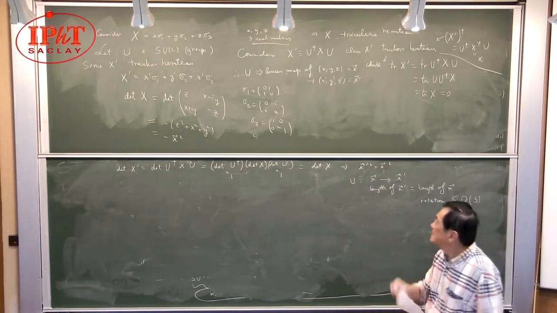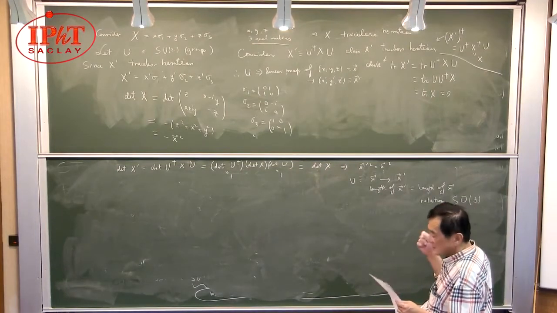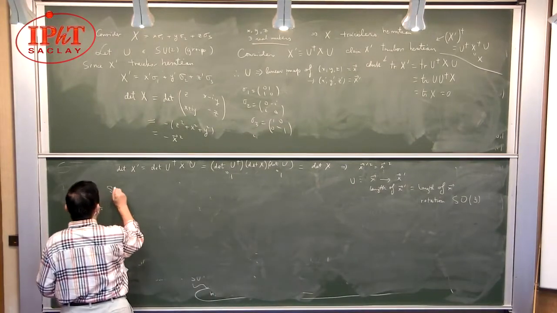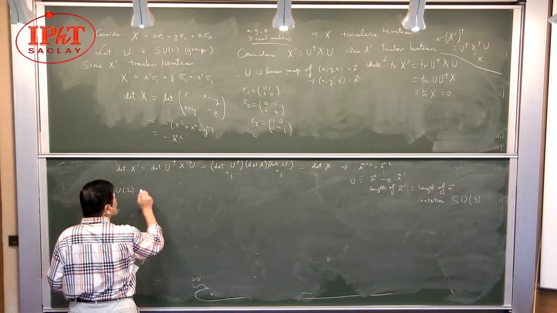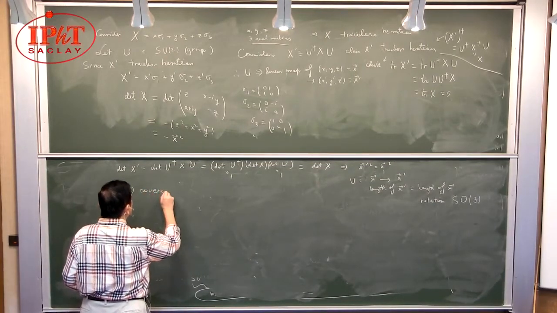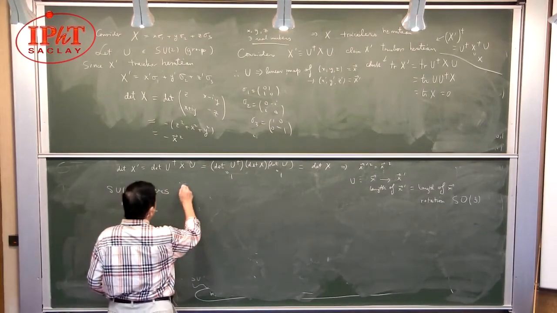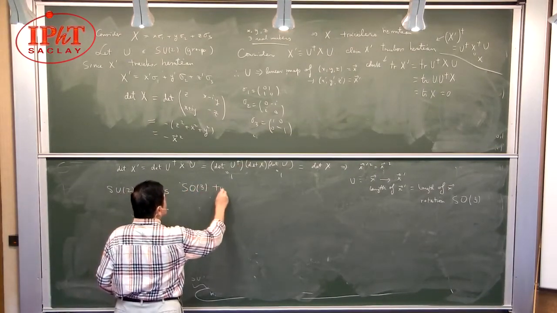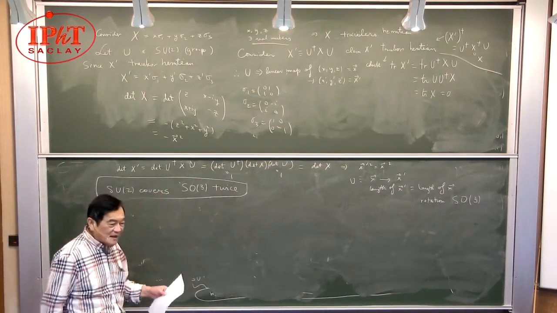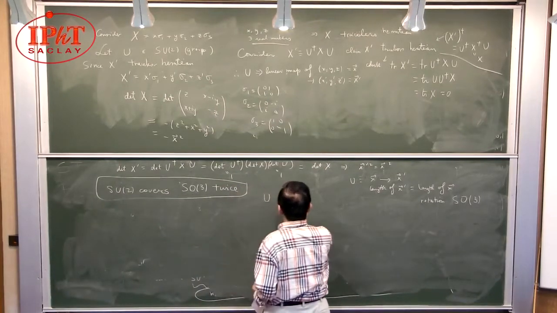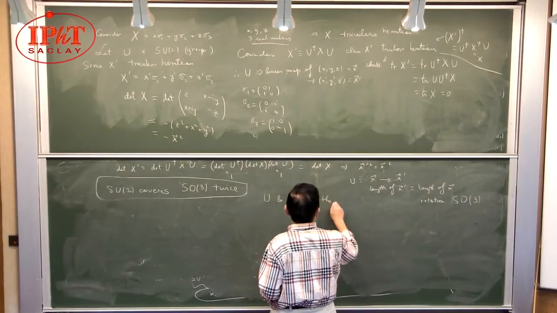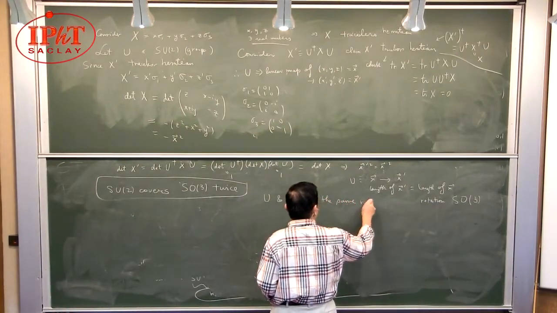So this shows that there's a relationship between SU2 and SO3. Now comes the very famous remark, that SU2, on the other hand, is not equal to SO3, the group, but rather SU2 covers SO3 twice. And what does that mean? That means U and minus U give the same rotation.